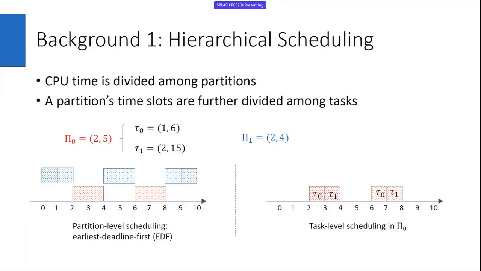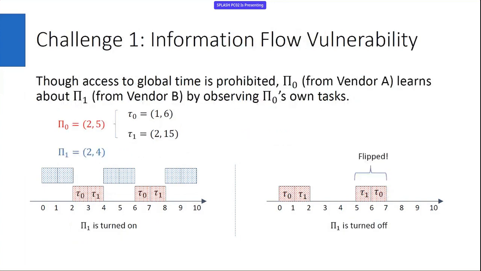What's tricky is that if you are not careful, you might get a different kind of schedule. For example, if you are not running any blue partition pi 1, you will have tau 1 and tau 0 flipped. And if you have the blue partition running, you will see these blue partitions 2, 4 that used up this slot.